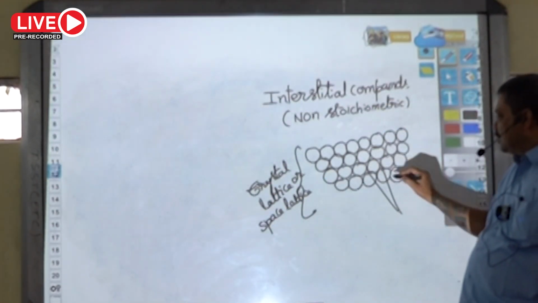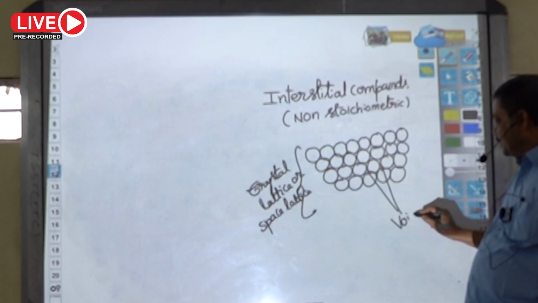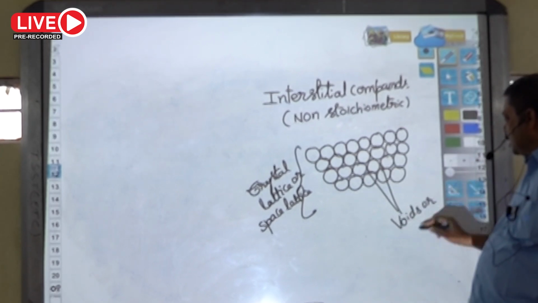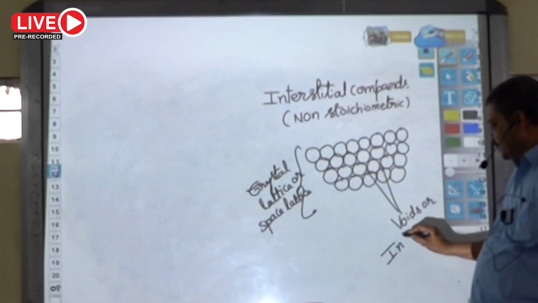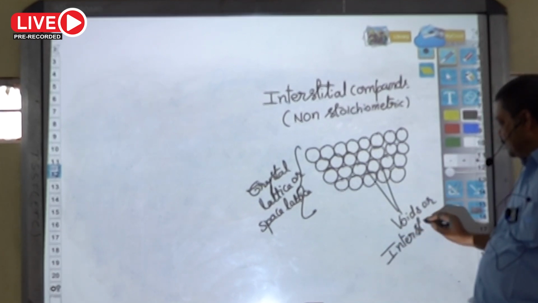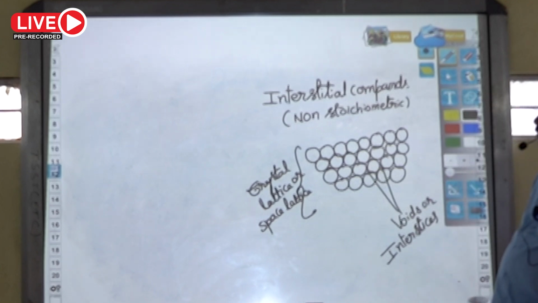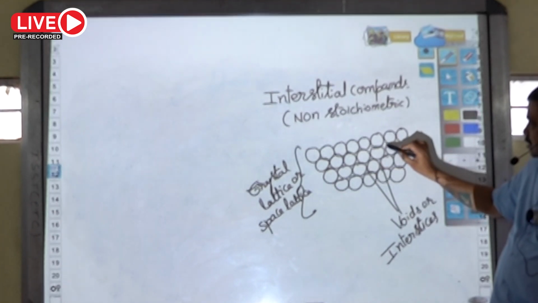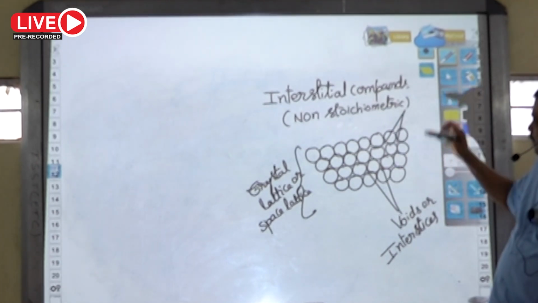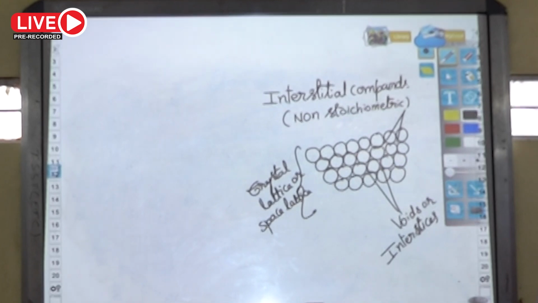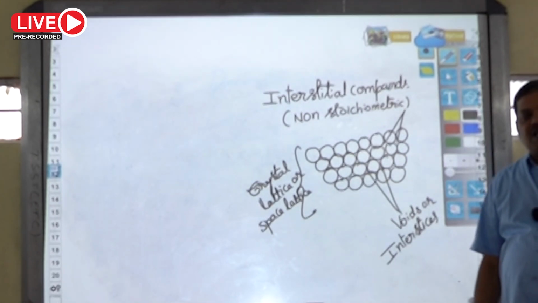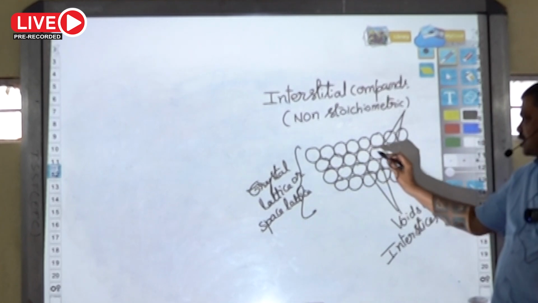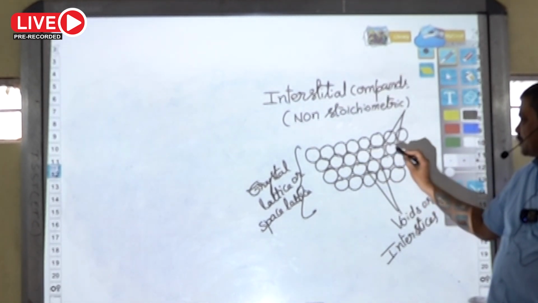These gaps are called voids or interstices. Here you can see one void, here also one void. So whenever a d-block metal is heated with a non-metal, the non-metal atoms occupy these gaps.